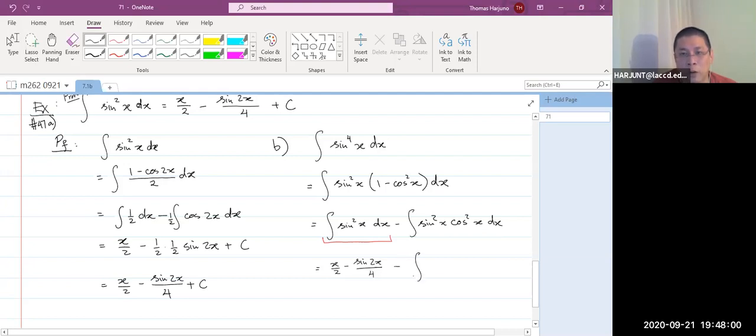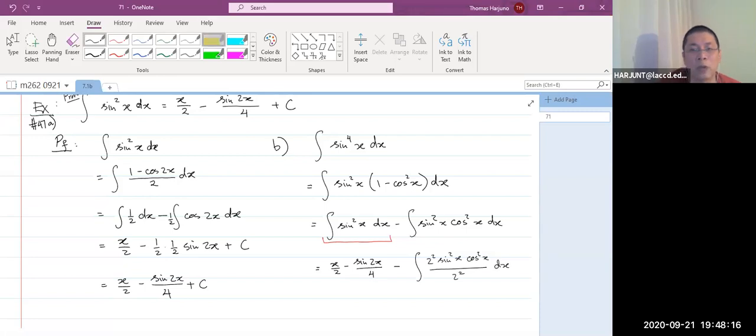While the one on the right, the second term here, I will make it like this: 2 squared sine squared x cosine squared x over 2 squared. Now the purpose is because I want to get the double angle squared on the top.